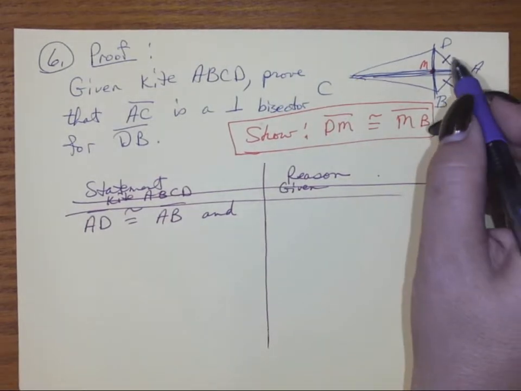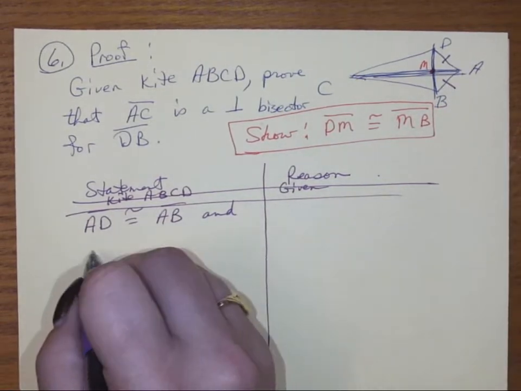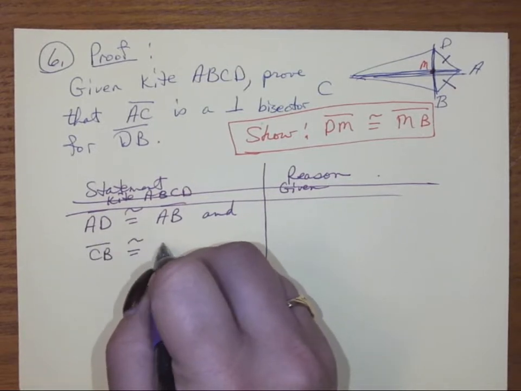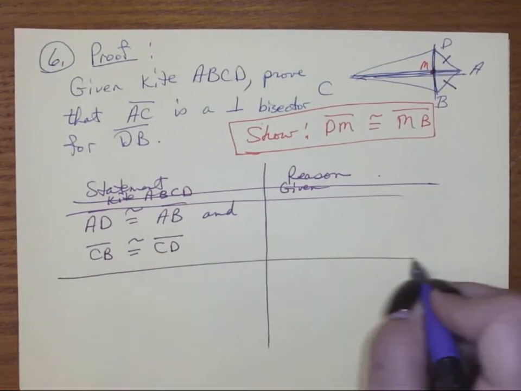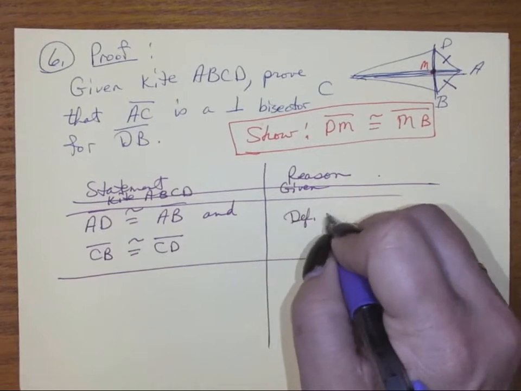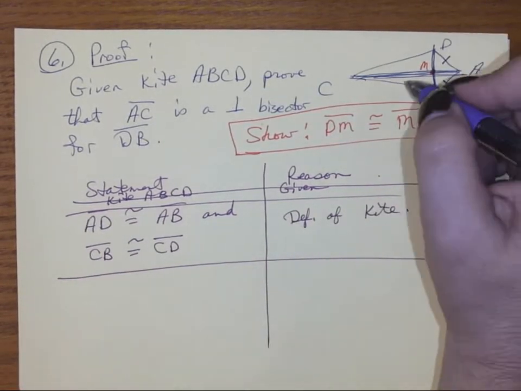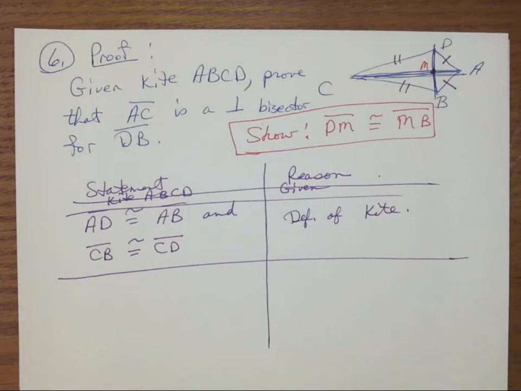But AD is congruent to AB, and CB is congruent to CD. The reason we know that is from the definition of a kite. So I'm going to put 2 hash marks on these.